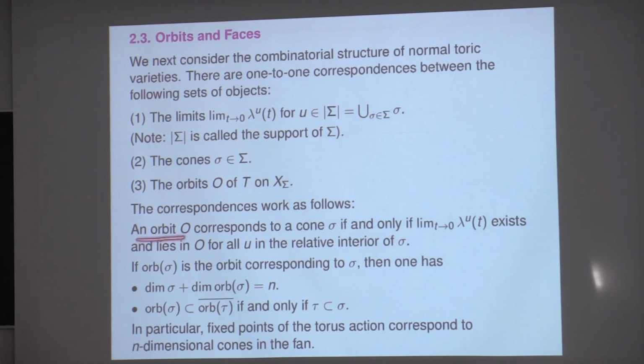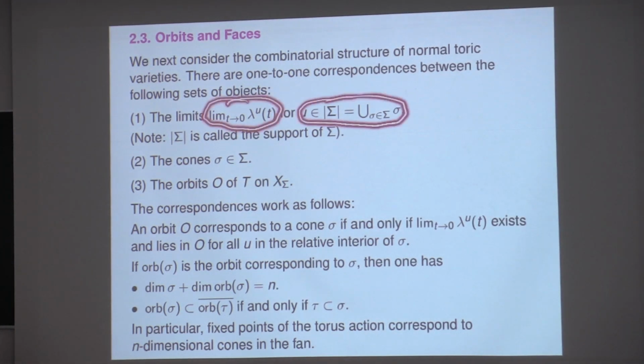When you have an orbit, one of these in the line over here, what cone does it correspond to? It corresponds to a cone sigma if and only if, when you take the limit as t goes to 0, it lies in the orbit O when your u is in the relative interior of the cone sigma. So when you look at the possible limits of this expression, for u in the support, you have your N_R, like a copy of R^n.